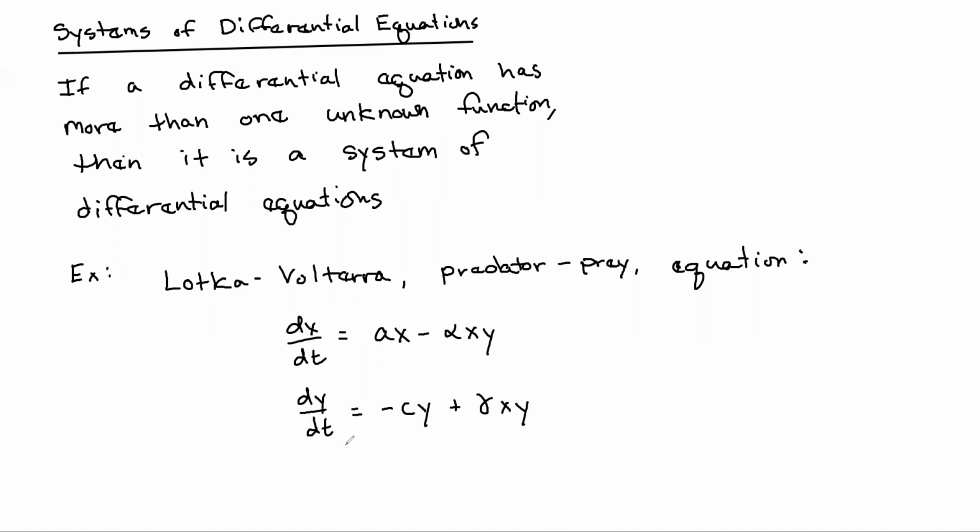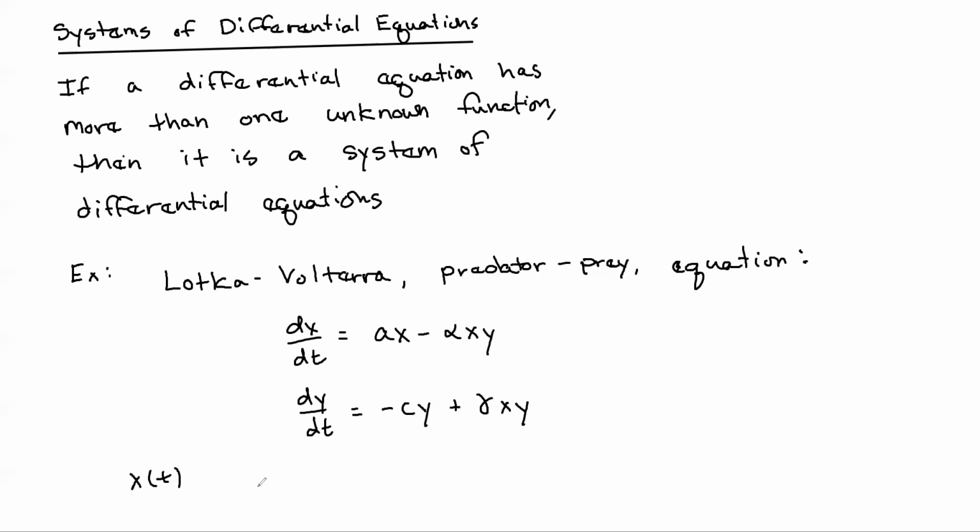So the solution here, again, is just like with all the other differential equations. It's not going to be a number, it's a function. So there are two functions that we would plug into a system of differential equations to make that system true. And in this case, it's going to be the function x and the function y.